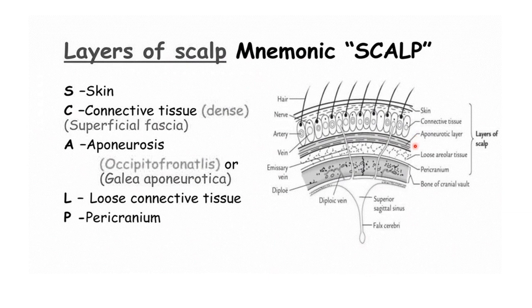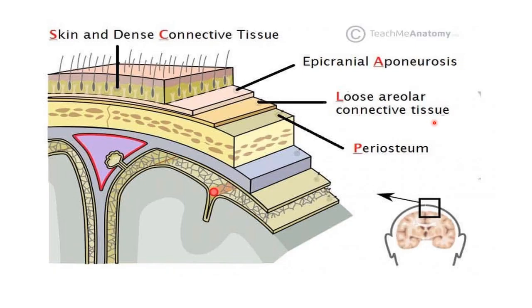The third layer is the aponeurotic layer or epicranial aponeurosis. The fourth layer is the loose areolar connective tissue. And then lastly, the pericranium. We are going to go through these layers one by one, so we shall go from superficial to deep.